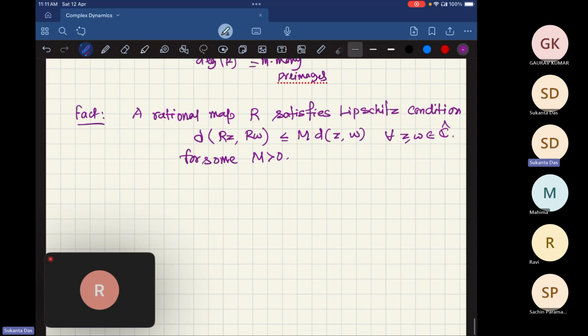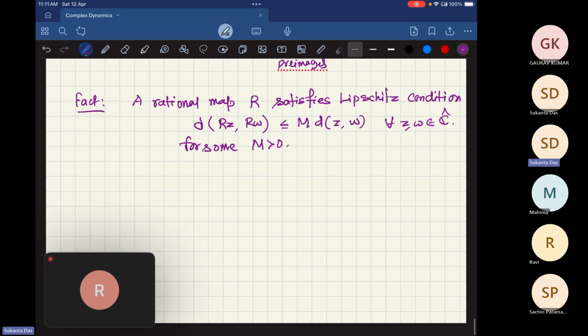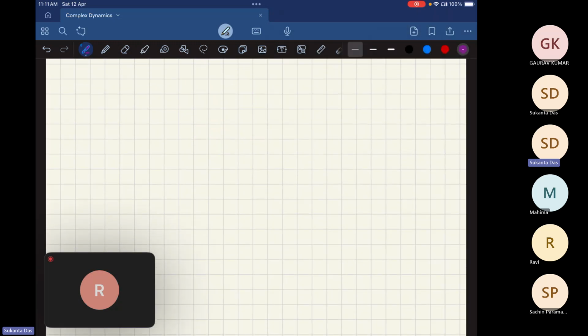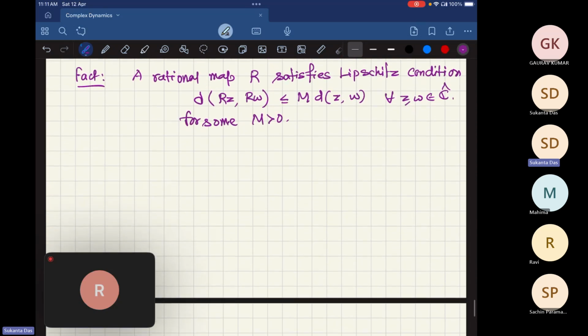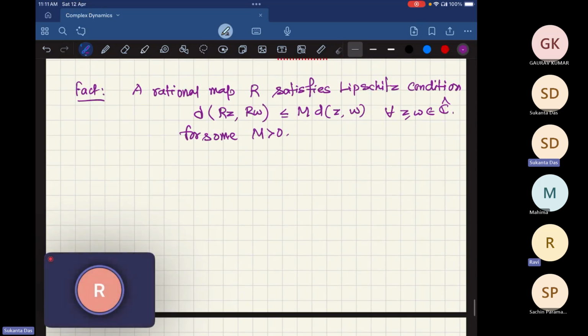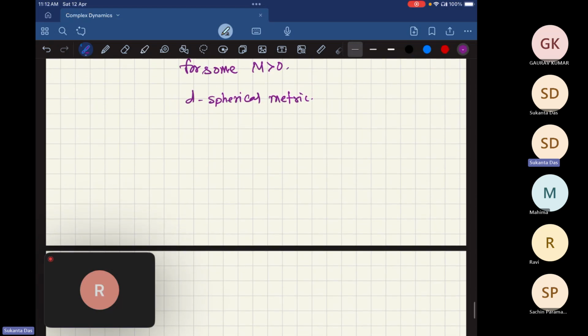This actually holds for any rational function from C hat to C hat. This is a fact, and I think it is not difficult to check. Just keeping this in mind, we will progress further. What is D? D is the spherical metric. Okay, thanks.